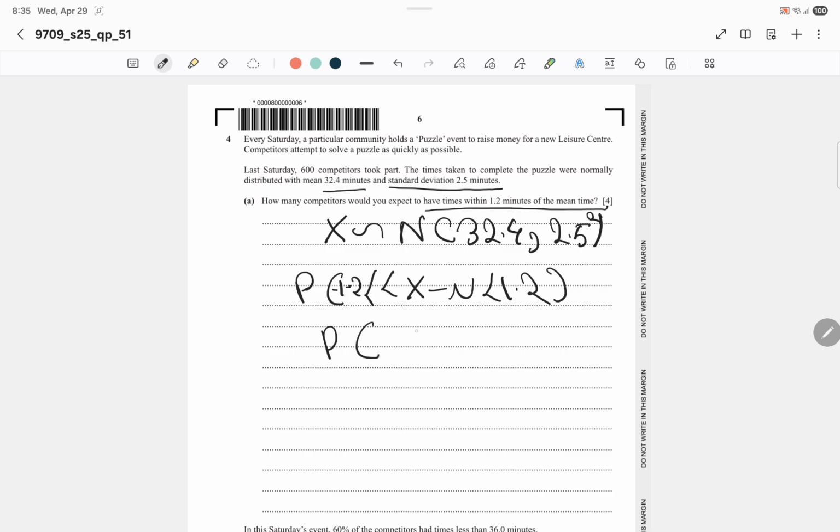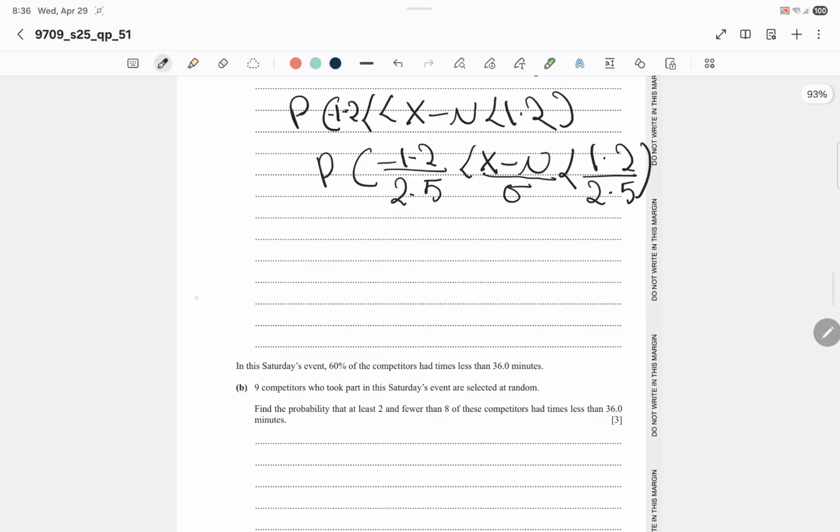Which we can solve further: x minus mu by sigma equals minus 1.2 by 2.5, or 1.2 by 2.5.